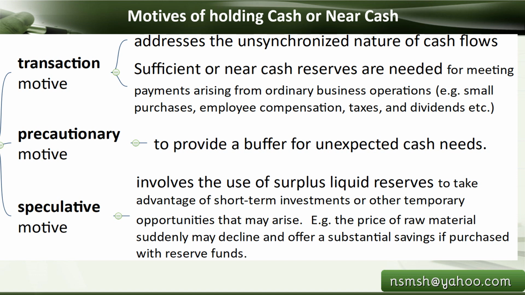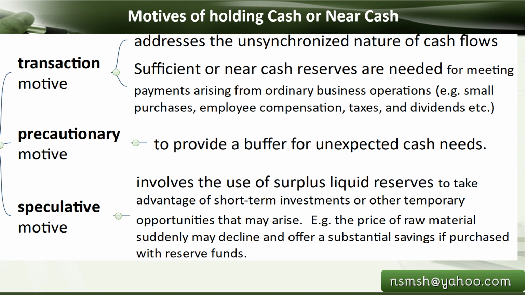Economically speaking, the motives of holding cash or near cash are three: the transaction motive, the precautionary motive, and the speculative motive. Transaction motive is for exchange transactions. Money is exchanged for transactions, addressing the unsynchronized nature of cash flows. Sufficient cash or near cash reserves are needed, for example, for small purchases, employee compensation, taxes, and dividends.